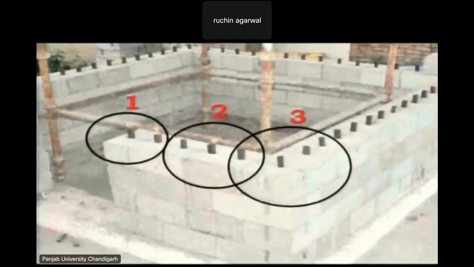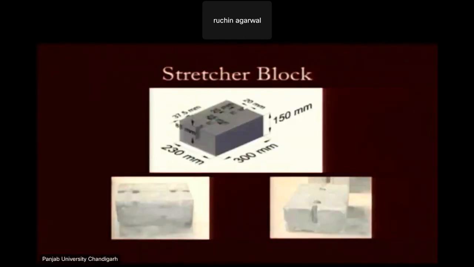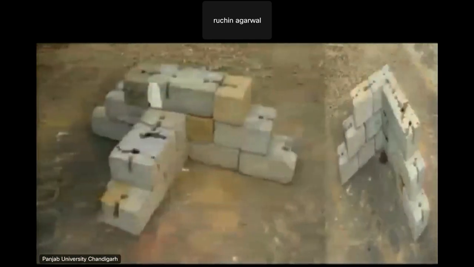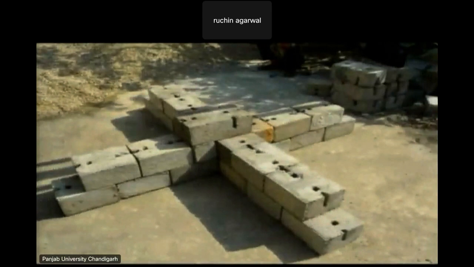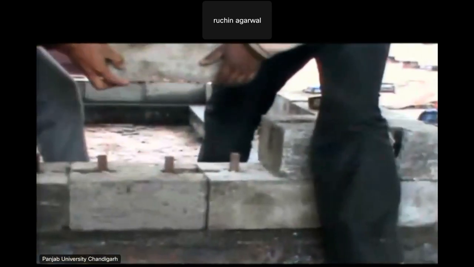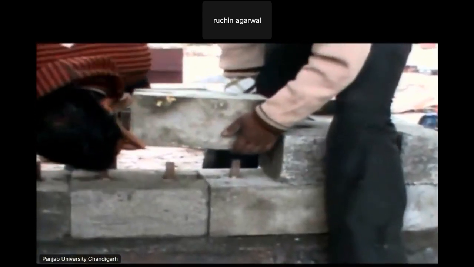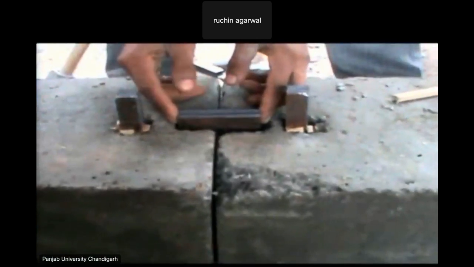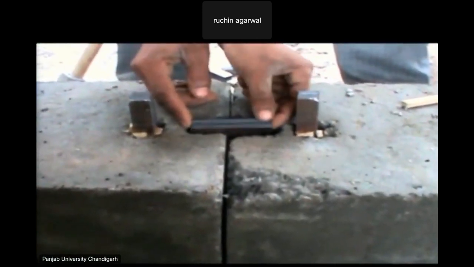Three types of interlinked concrete blocks, that is the stretcher block, corner block, and half block, are developed to make possible arrangements of L, T, and cross in the masonry construction. Interlinking of the blocks is done with the help of two types of viscoelastic links, one vertical and one horizontal. No cement is used for the interlocking.